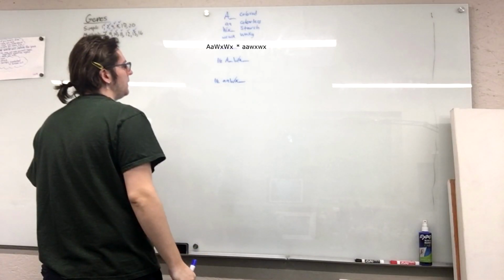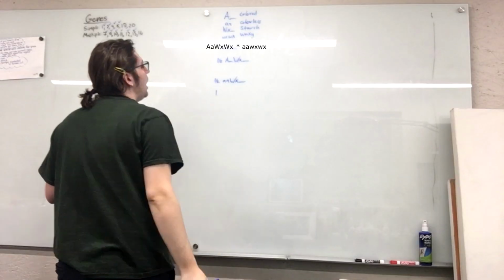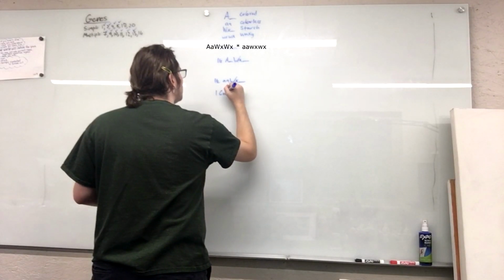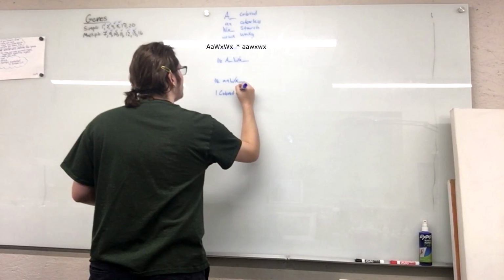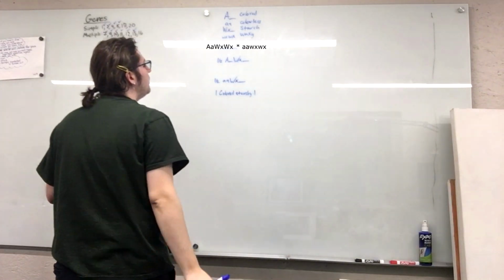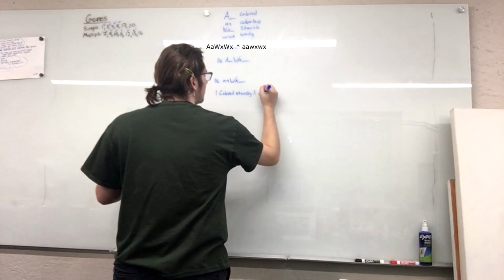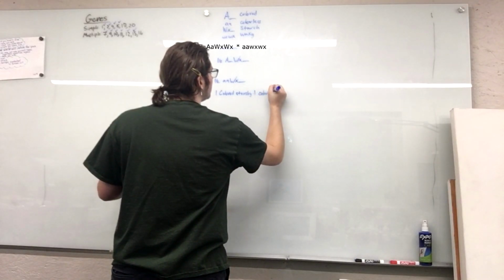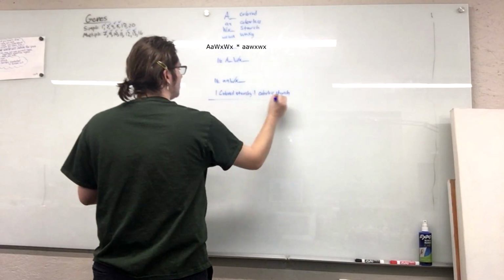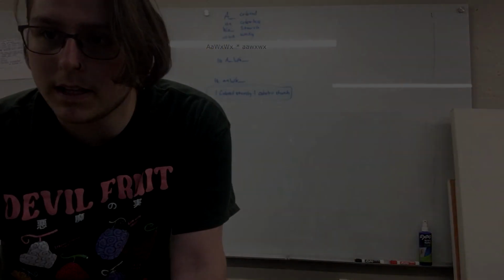So our phenotypic ratios would be 1:1 colored starch to colorless starch. And that's it for this question.